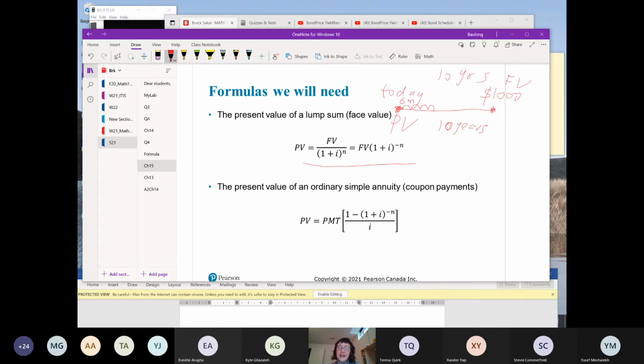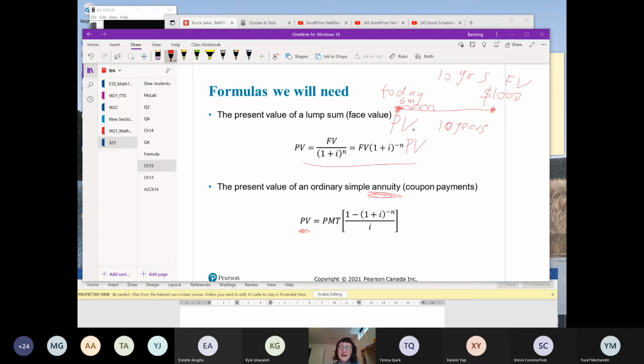Okay, and that payment forms an annuity. So every 6 months you get interest. That is an annuity, and that annuity also has a present value.